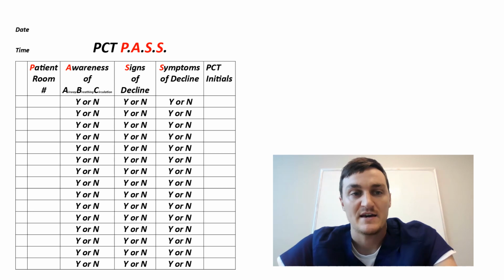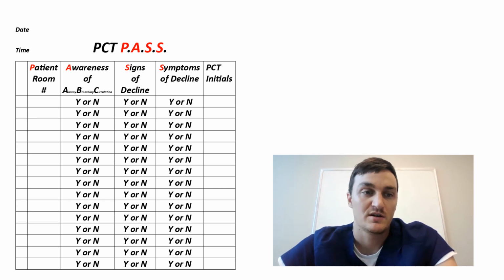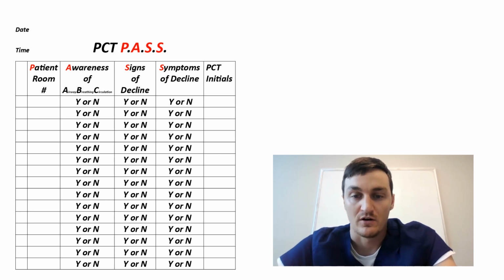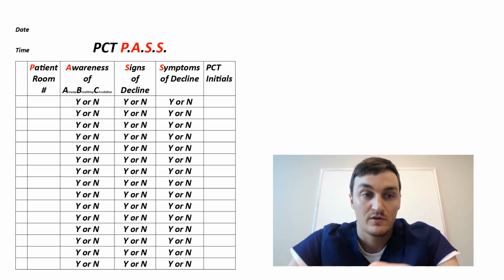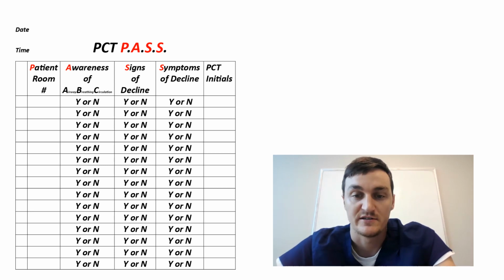The A in P.A.S.S is awareness, which is being aware that your patient has what we call ABCs, which is airway, breathing, and circulation. Once you recognize they have those, you can start looking for signs or factors that are going to impact their ABCs or compromise their ABCs.